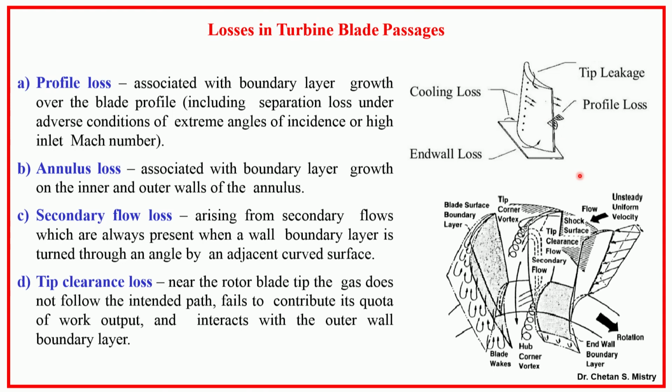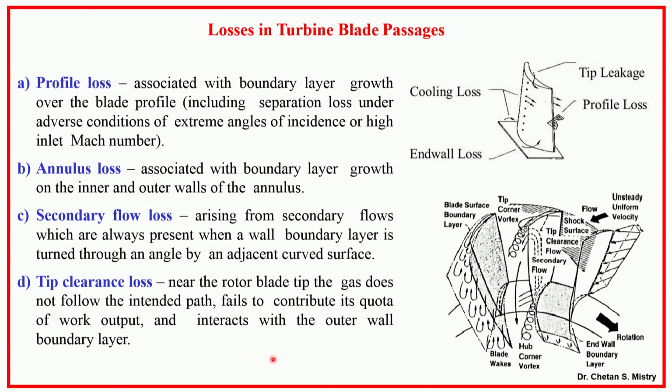The size of the wake coming out at the exit from the trailing edge depends on the flow incident on the leading edge. So, when the incidence angle changes, accordingly the wake size, or the profile loss, will change.